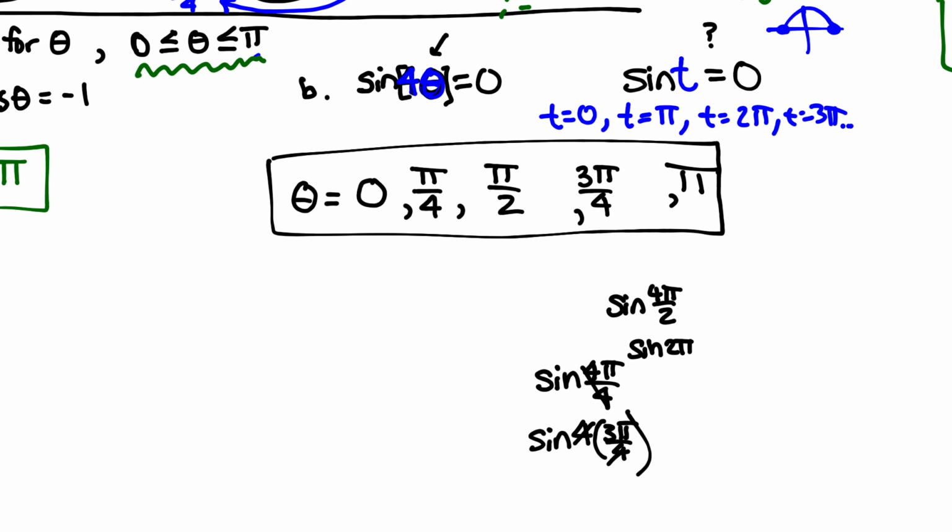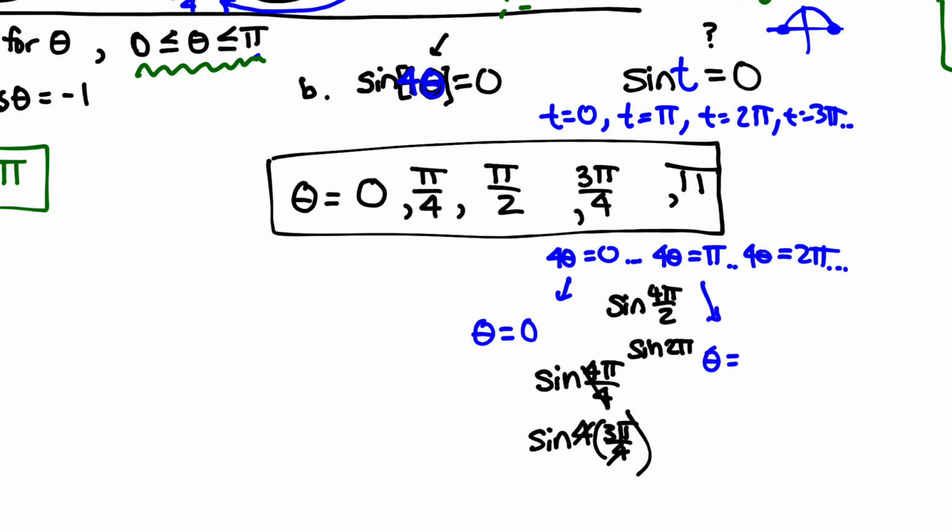So that would mean 4 theta would have to be 0. 4 theta would have to be pi. Do you see what I'm saying? So what that allows me to do is create this equation. 4 theta has to be 0. 4 theta has to be pi. 4 theta has to be 2 pi. So if you like processes, keep going, then you could solve directly for theta. Theta is 0 divided by 4, which is 0.